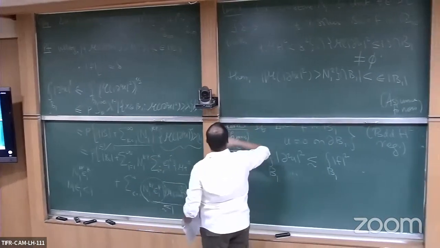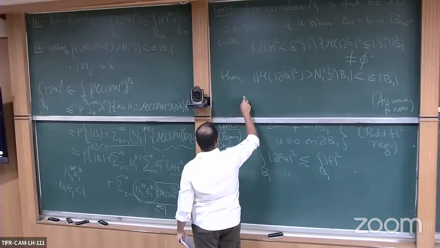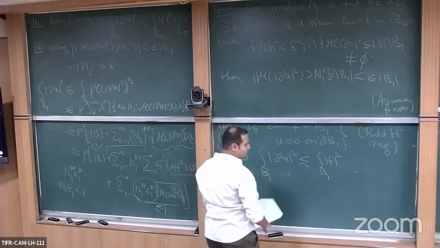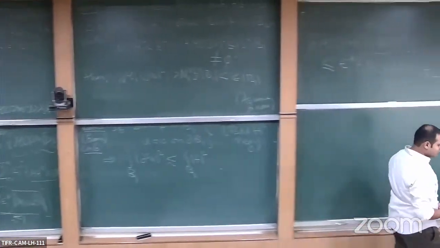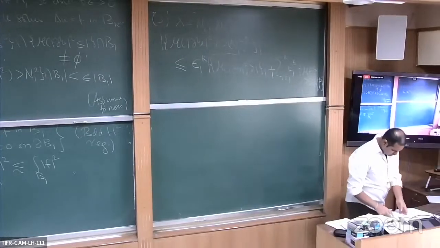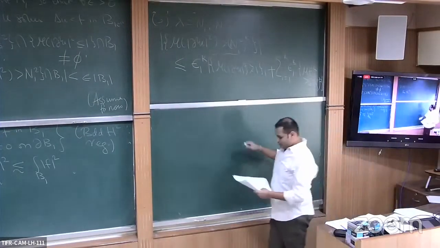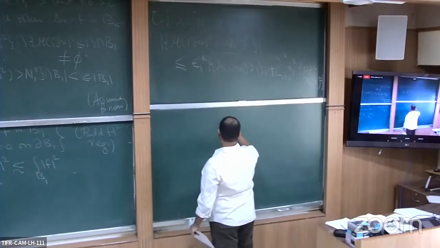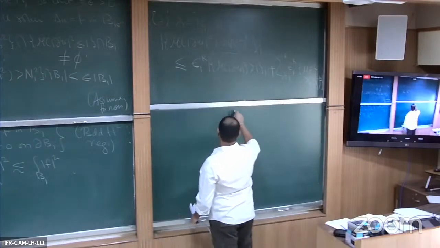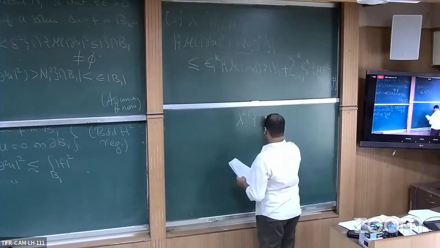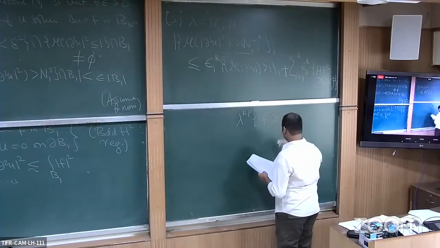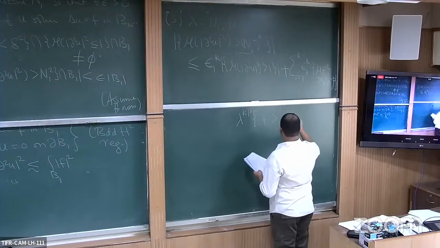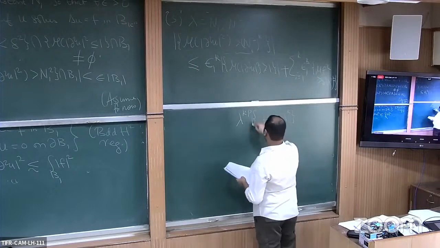So you can do it like this. If you take something like kp greater than about k, okay, I take this sum.